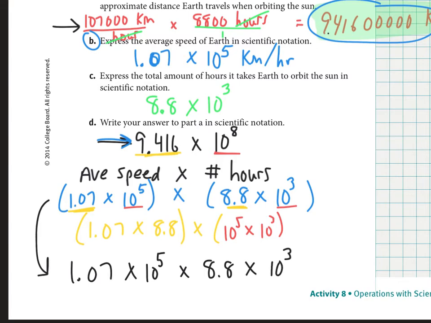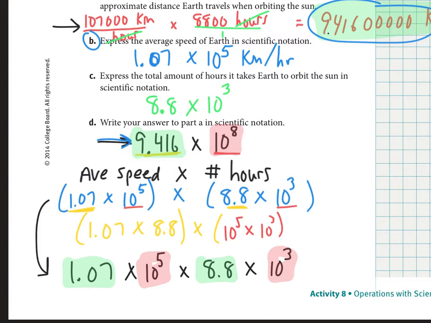So you can multiply, just like with addition, in any order you want. So we could first multiply this times this, which we did. That ends up equaling this. And then when you multiply 10 to the 5th and 10 to the 3rd, it ends up equaling this. So you're able to do that when you multiply two numbers in scientific notation.